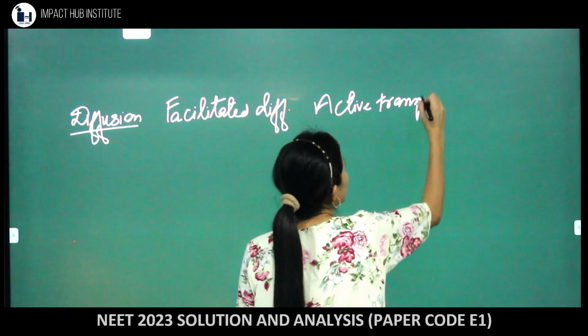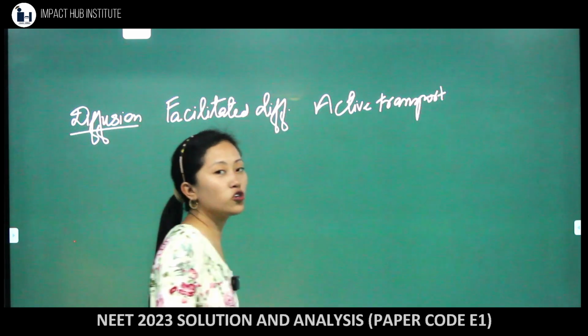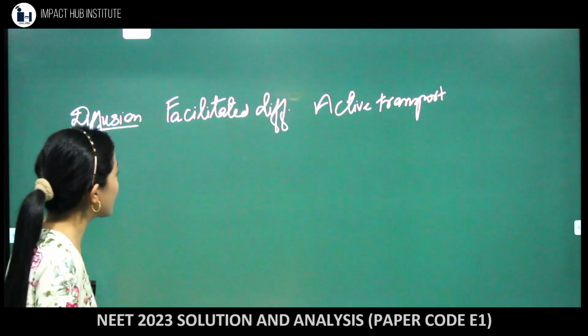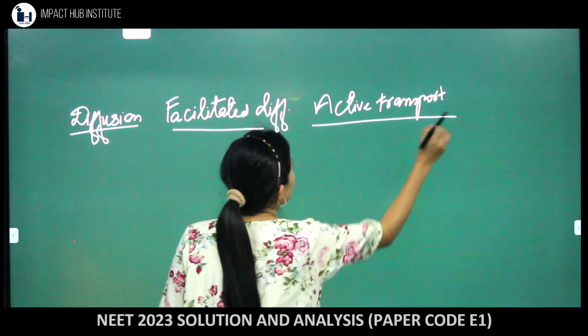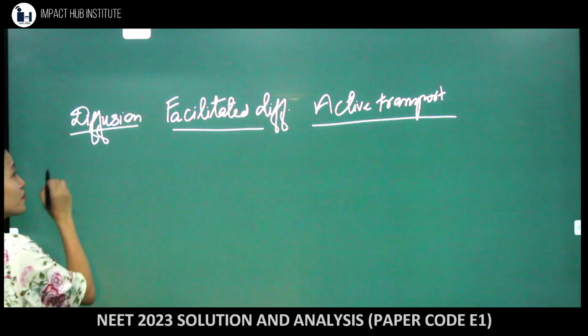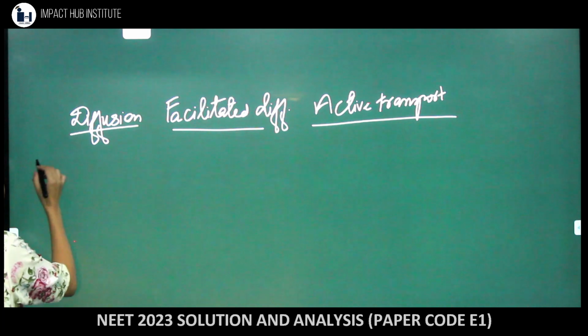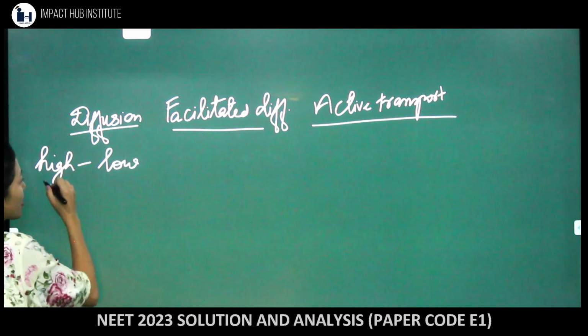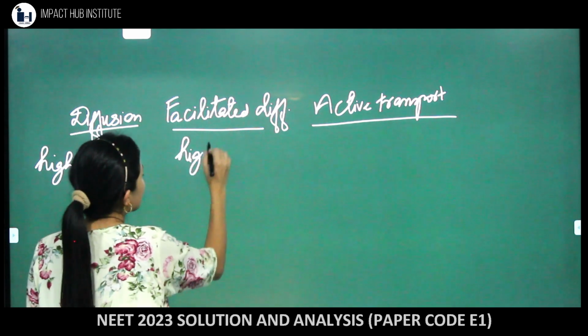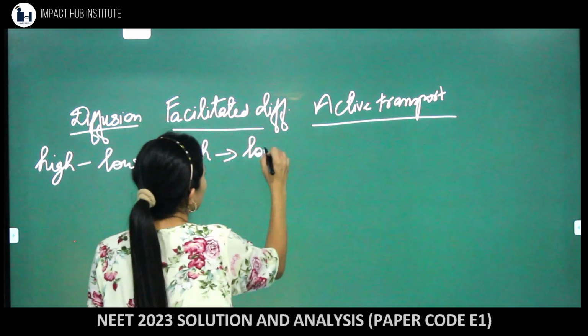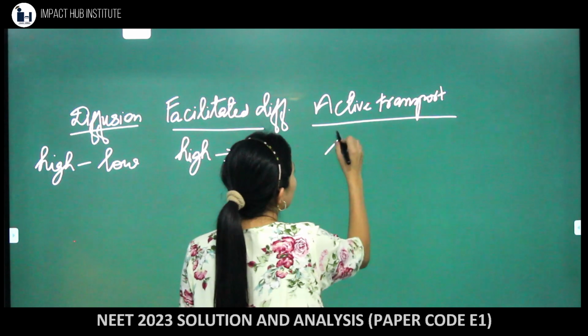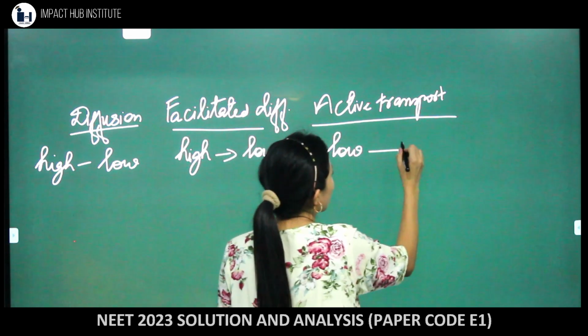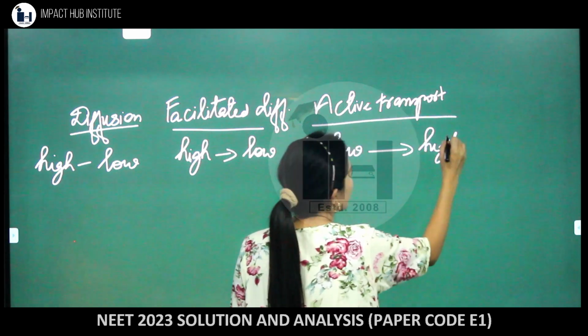So these three terms are necessary to understand how short distance transport occurs in plants. Out of these three, in diffusion the movement of ions or water molecules occurs from high concentration to low. For facilitated diffusion also from high concentration to low, whereas for active transport, it starts from low concentration to high concentration.